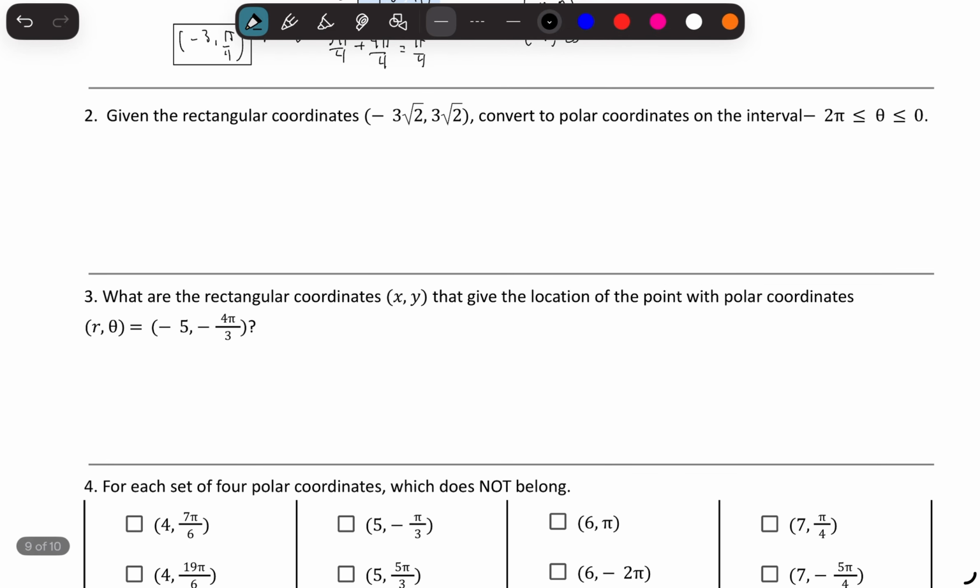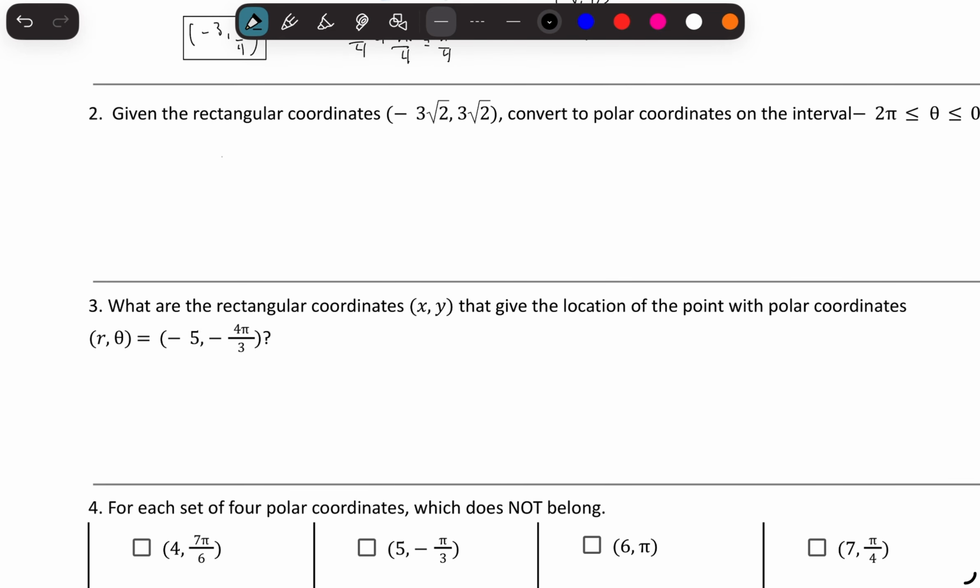Given the rectangular coordinates -3 root 2, 3 root 2, convert to polar coordinates on the interval -2 pi is less than or equal to theta is less than or equal to 0. So when you're converting from rectangular to polar, that's xy into r theta. So these are xy values, and the relationship that we can establish is r.